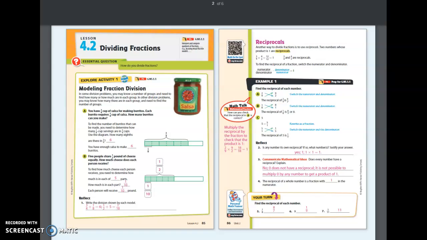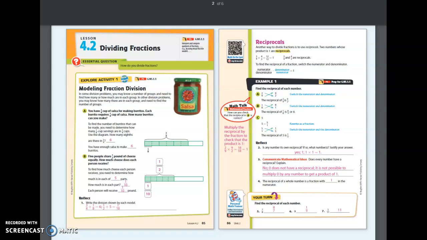Another way to divide fractions is to use reciprocals. Two numbers whose product is 1 are reciprocals. So for example, 3/4 and 4/3 are reciprocals because when you multiply them together, you get 12/12, which equals 1. To find the reciprocal of a fraction, we just switch the numerator and the denominator around.